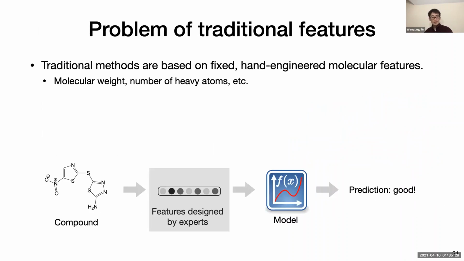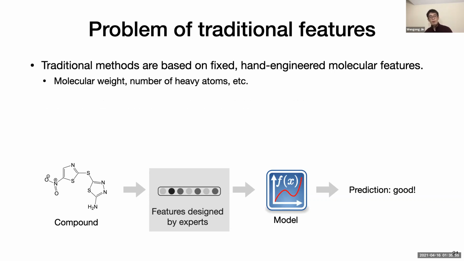Like I said, these features, like the Morgan fingerprints, are designed by experts. After you turn the molecule into a feature, you can build a model on top, like support vector machines, random forests, and so on. That's the typical workflow that has been there for decades.